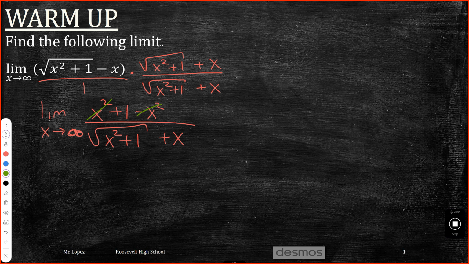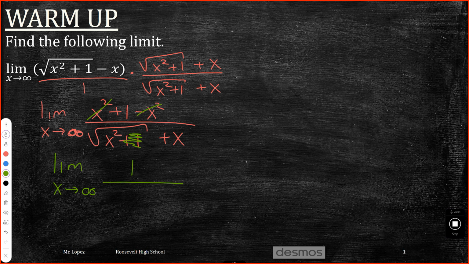What could we do here? Well, again, we can go ahead and say that the limit as x approaches infinity of 1 over, again, we're still using that same idea.